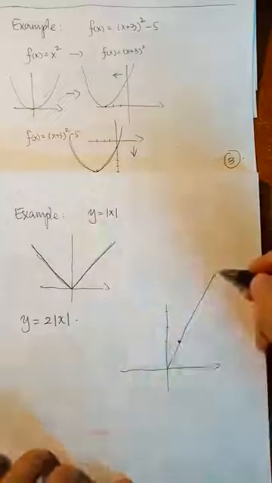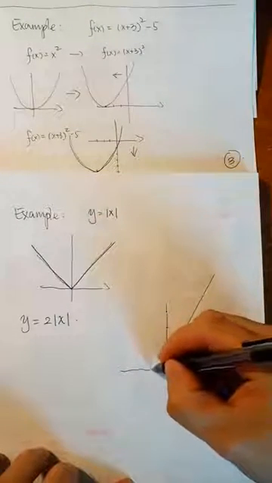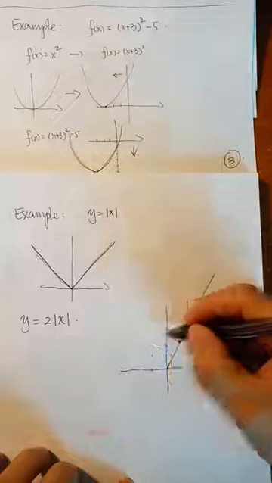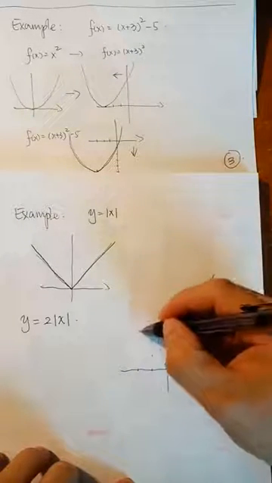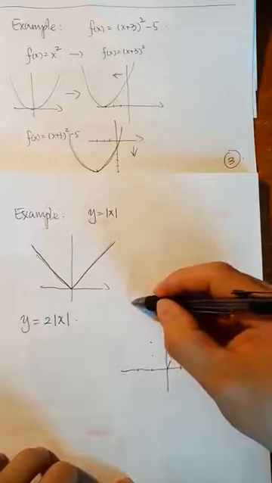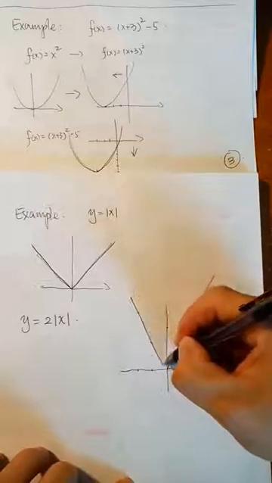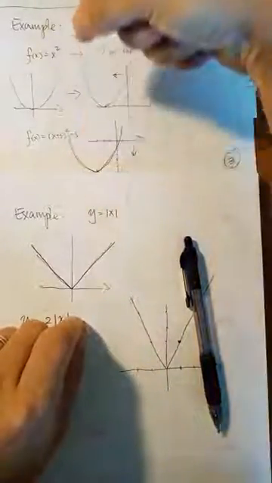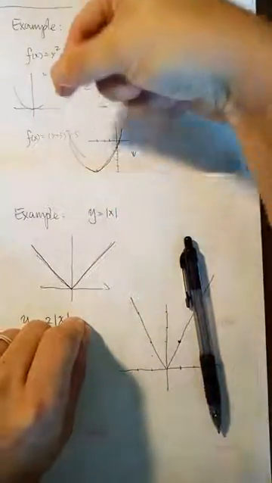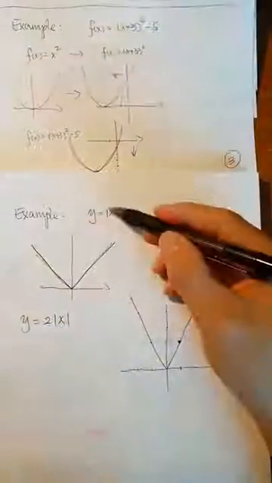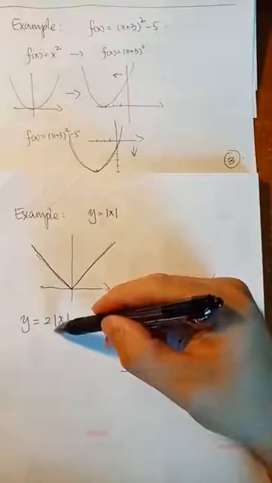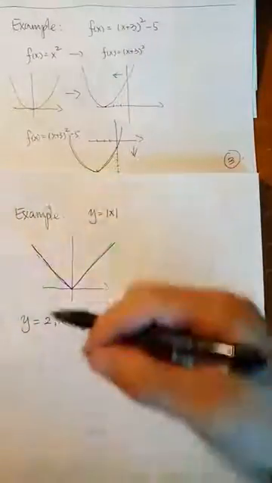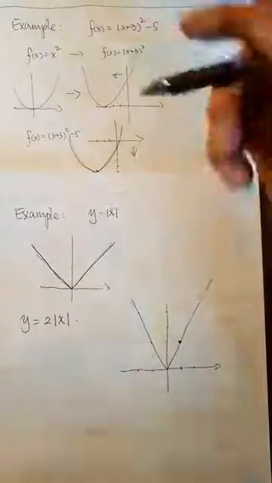So that's the right part, and the left part is similar. When I have -1, the absolute value of -1 is 1, but times 2 is 2. When I have -2, the absolute value of -2 is 2, but times 2 is 4. So you stretch the whole graph along the y direction. So it's a vertical stretch. If you multiply the function by a coefficient greater than 1, it's a vertical stretch.